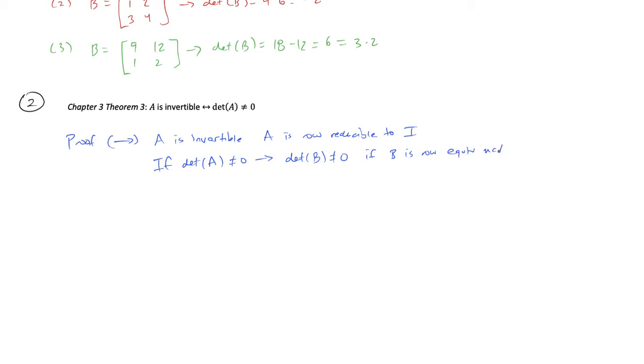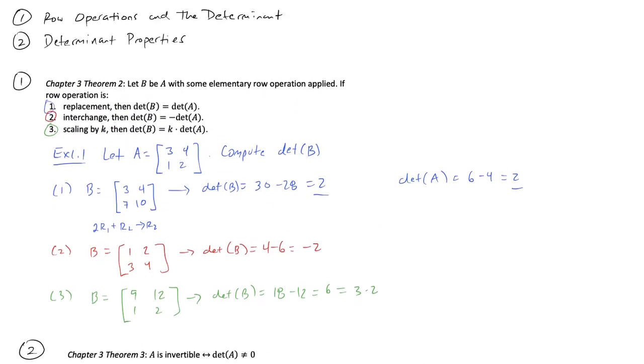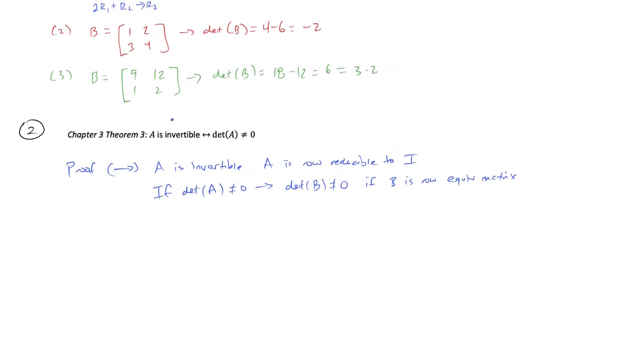And this just follows from the previous section where we looked at the effects of row operations on the determinant. So notice that none of these row operations can make the determinant 0.